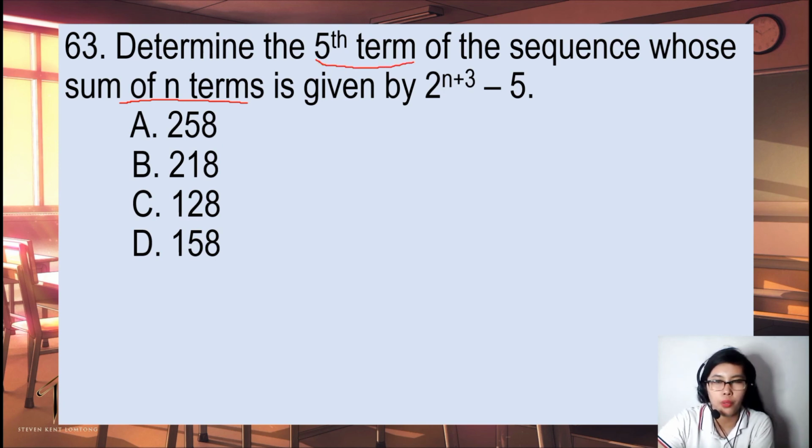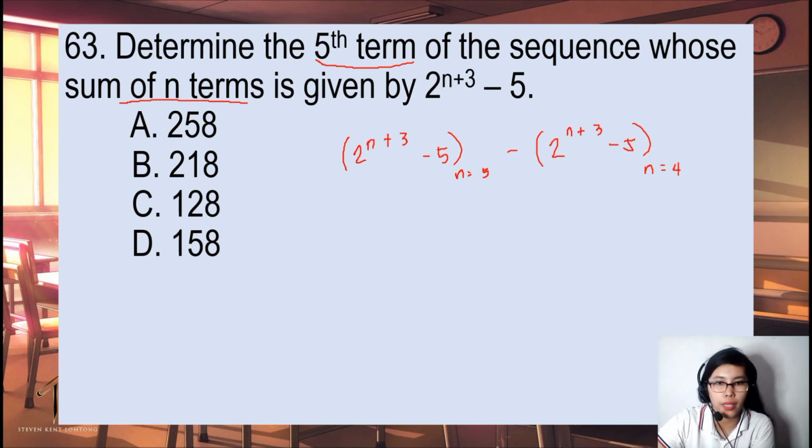In order for us to find this term, we just have to find the sum of terms from 1 to 5 and the sum of terms from 1 to 4 and subtract their difference. Therefore, we'll have 2 raised to n plus 3 minus 5 when n is equal to 5, minus 2 raised to n plus 3 minus 5 when n is equal to 4.